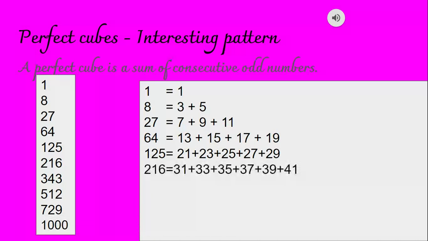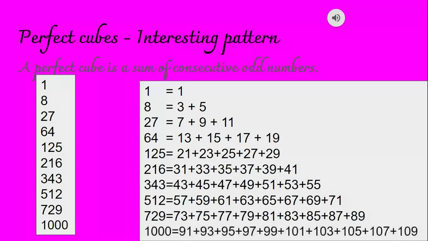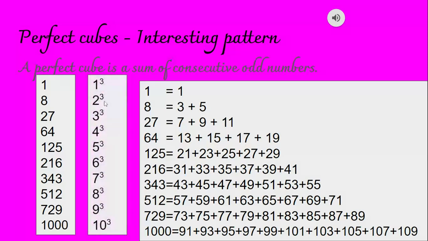So in this way, what's happening here? You just see that it is the sum of consecutive odd numbers, and the count of odd numbers gradually increases, isn't it? Like when it was 8, what is 8? 8 is 2 cube, isn't it? So there were two odd numbers, 3 and 5.